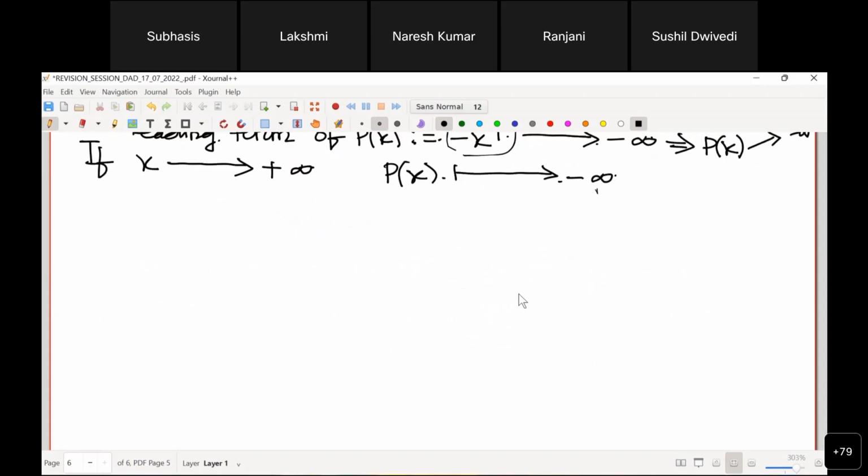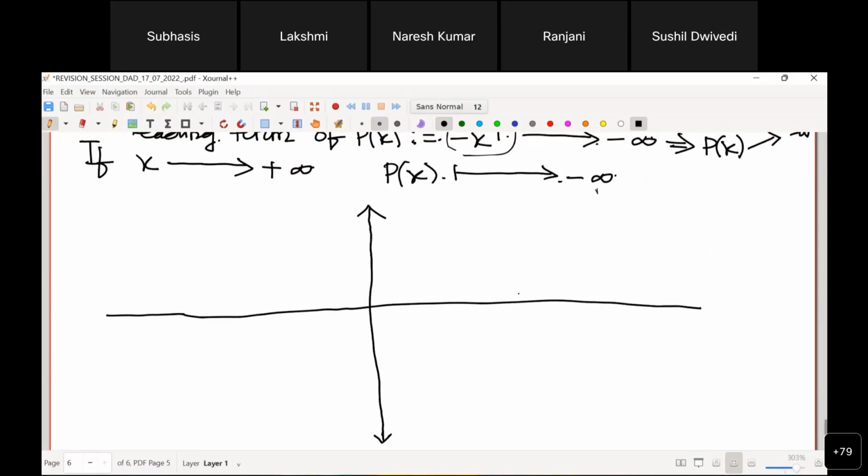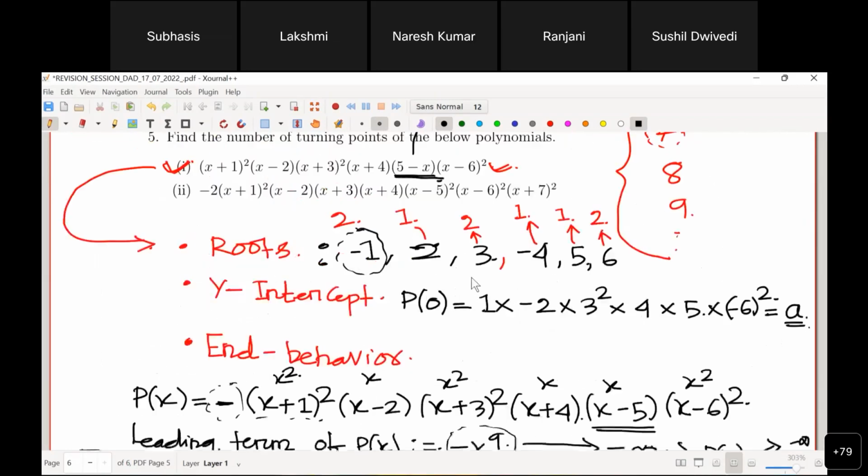Okay, let's draw the graph. First thing is we have to see the roots. The positive roots are 2, 3, 5, 6.